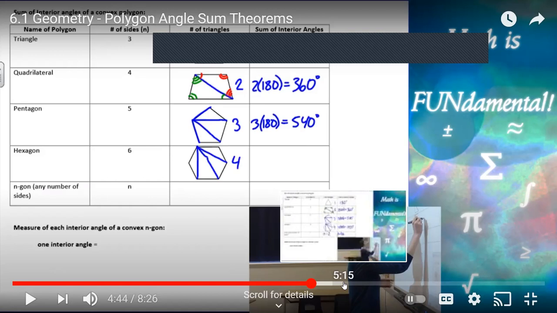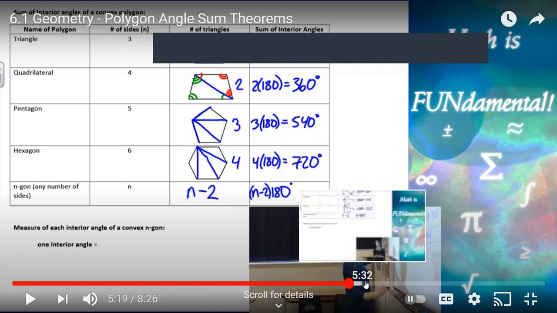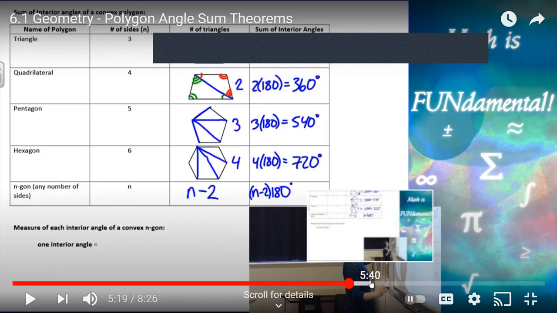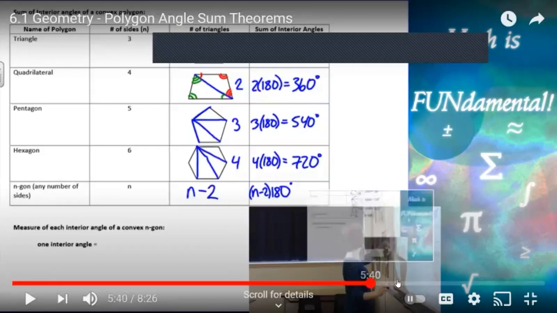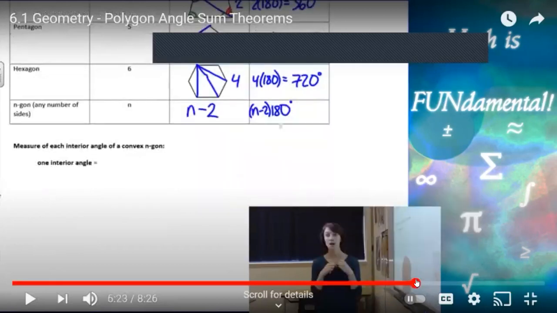For the hexagon, 4 triangles. So the sum of the angles will be like that. Yeah, so the number of triangles is n minus 2. Right? So for the hexagon, you can see that 6 minus 2 is 4.